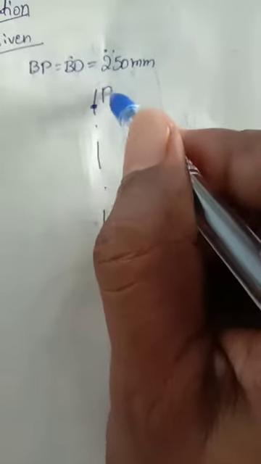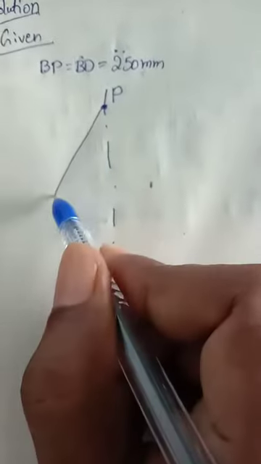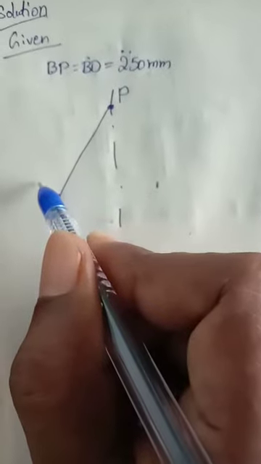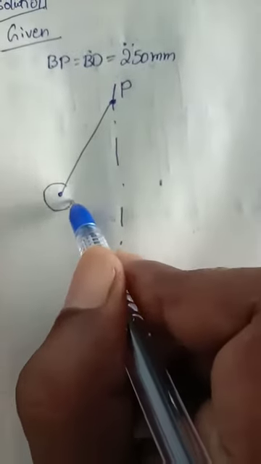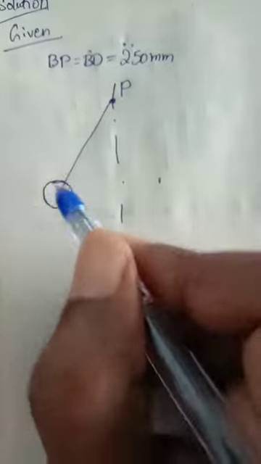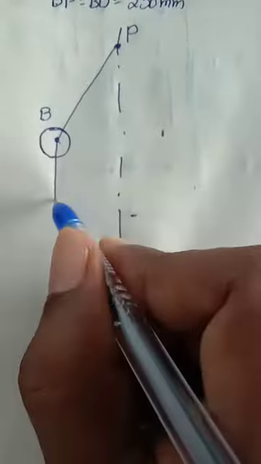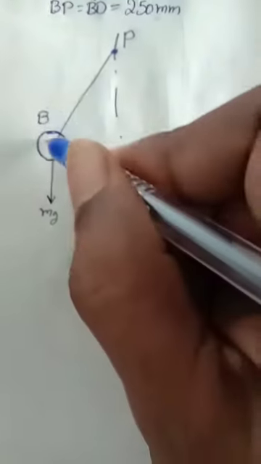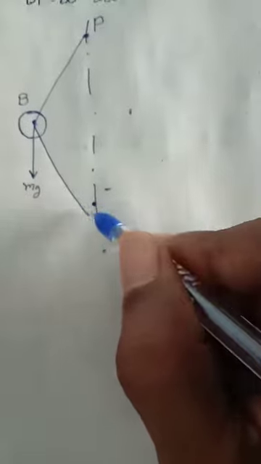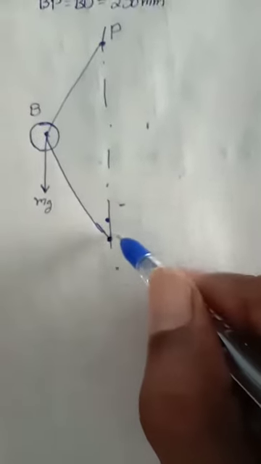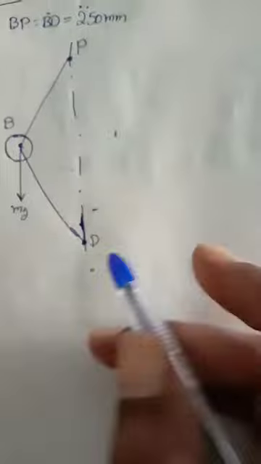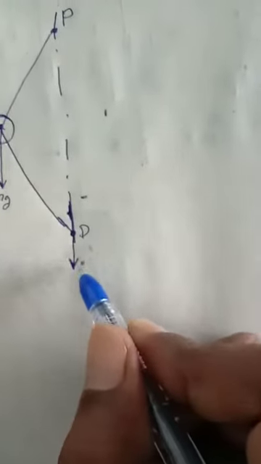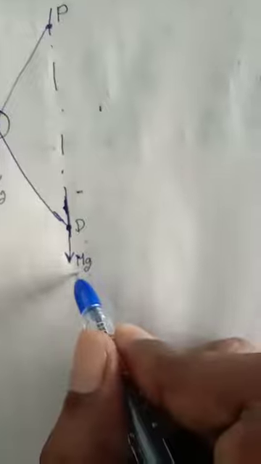We know very well this is P, this is B, and this is W, small w, mg. This is the link D. Here also there is weight capital W by 2.